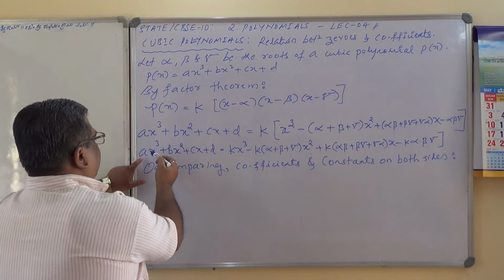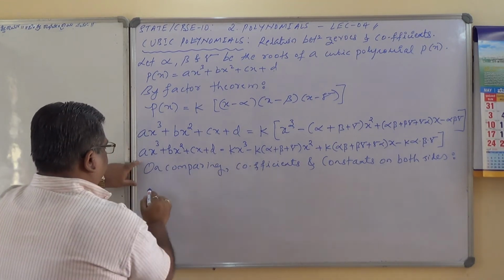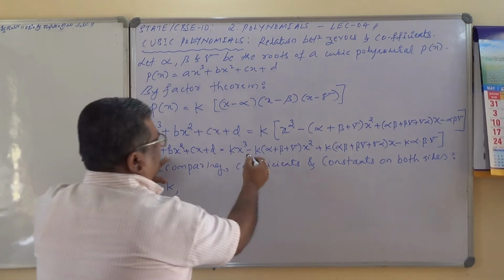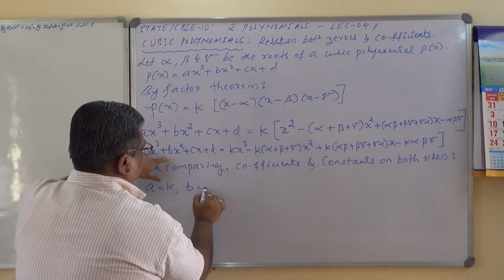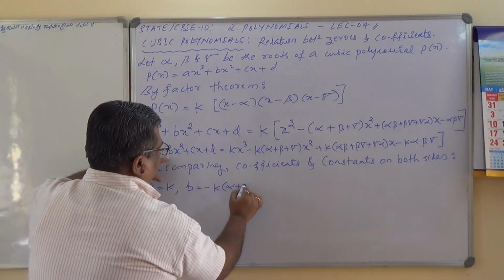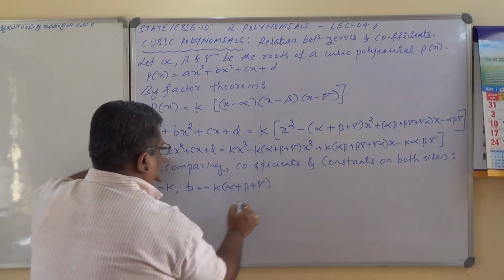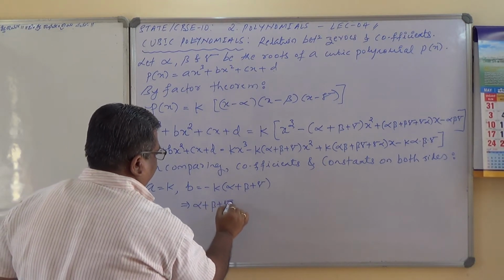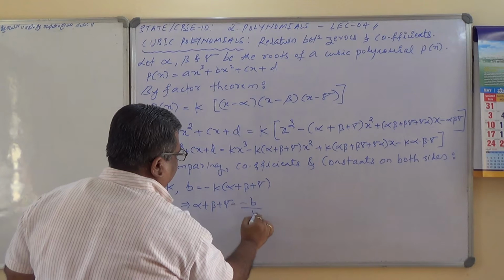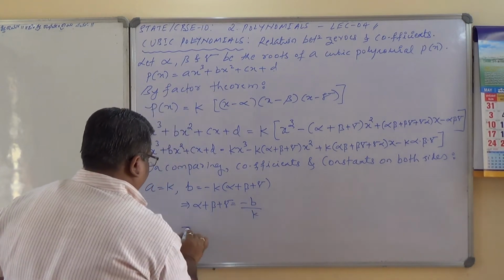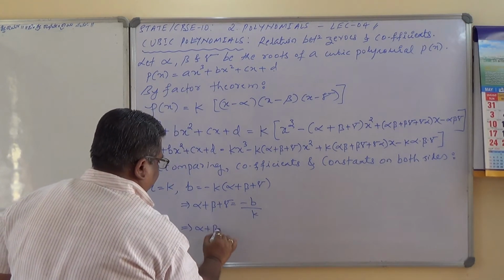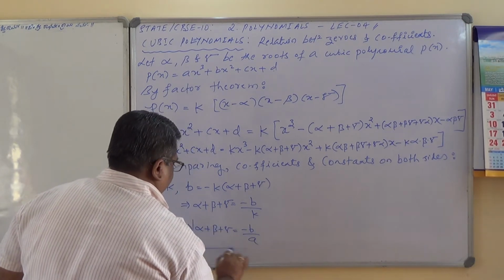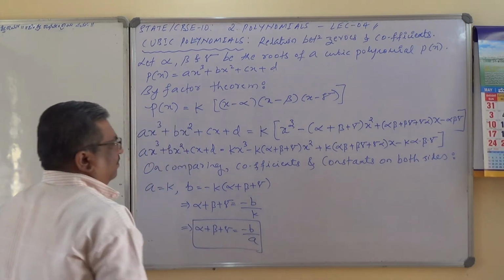See here, a equals k, b equals minus k times alpha plus beta plus gamma, which implies alpha plus beta plus gamma equals minus b by k, which further equals alpha plus beta plus gamma equals minus b by a. This is one important result.